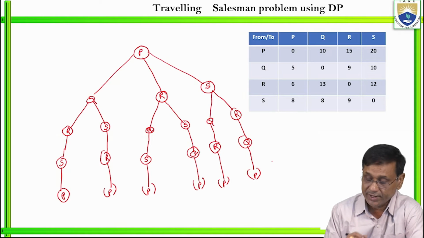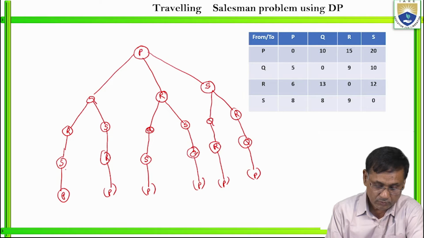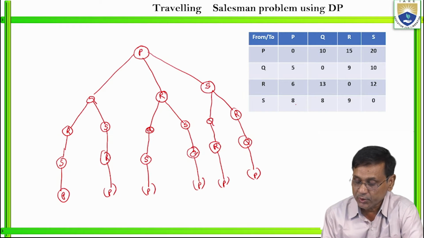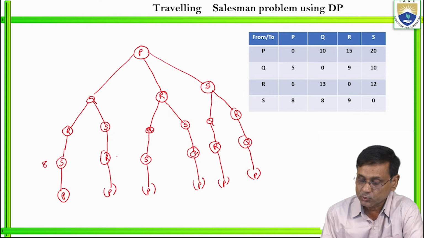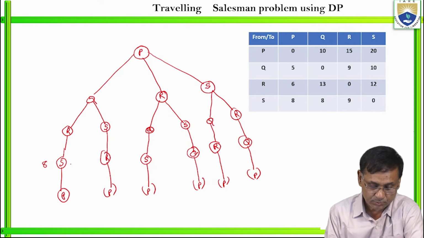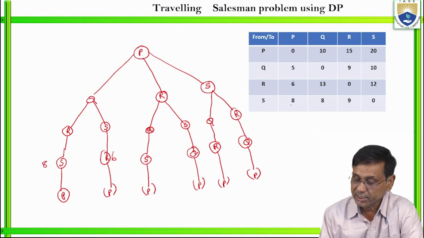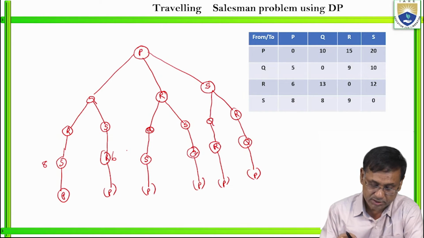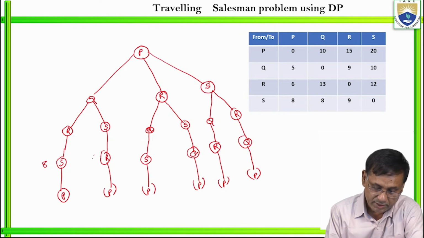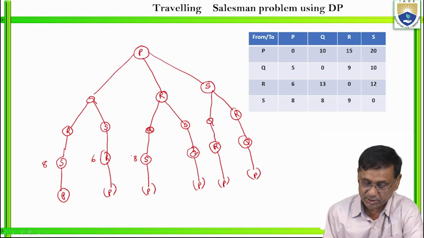So now we can find out the distances here. From S to P, what is the cost? S to P is 8. Then R to P is 6. Then S to P is 8.